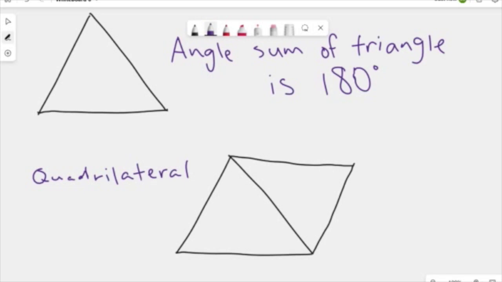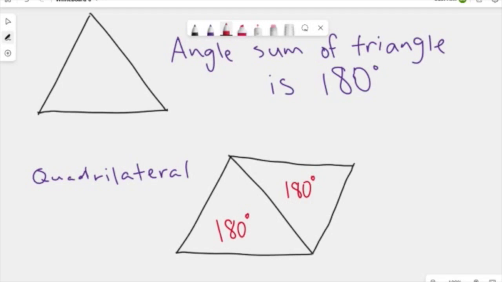So let's have a look here. We have 1, 2, and we know that each of these is 180 degrees in size. Hence, this tells us how much the angle sum of a quadrilateral would be.